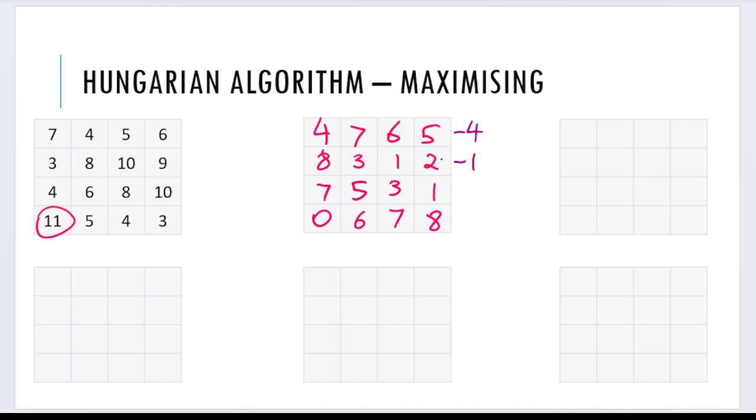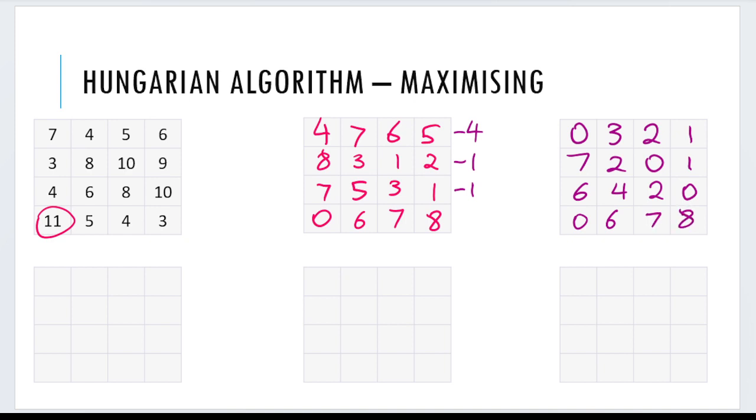We do the same with 1 from that row, same with that with 1. And then we've got 0 here, so we don't need to do anything. So this gives us 0, 3, 2, 1, 7, 2, 0, 1, 0, 2, 4, 6, and 0, 6, 7, 8.